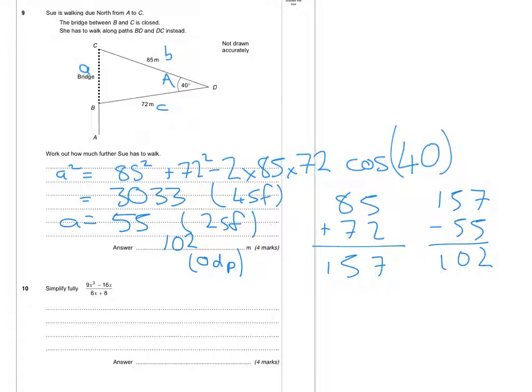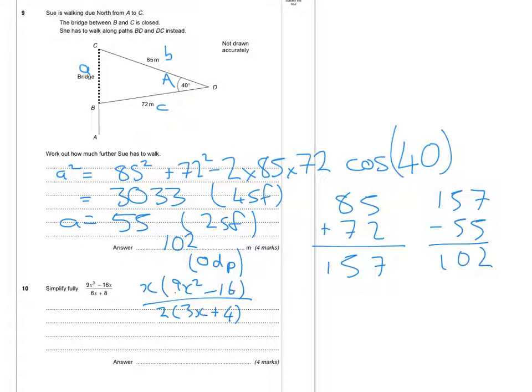Okay, question 10. Simplify fully. So I want to factorise the top and bottom and then cancel out common factors if I can. x is a common factor on the top, so x brackets 9x squared minus 16 over 2 is a common factor on the bottom, so 3x plus 4.